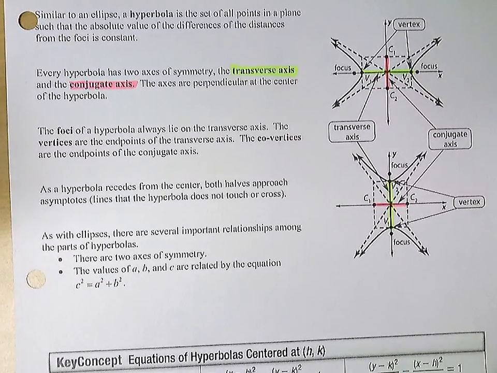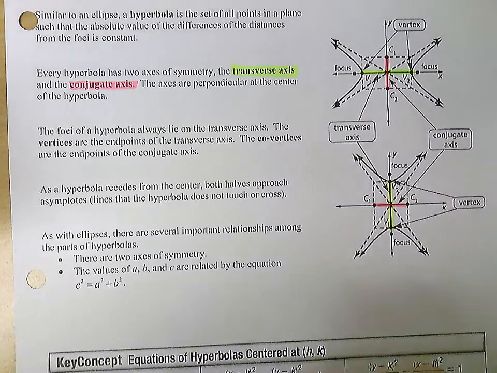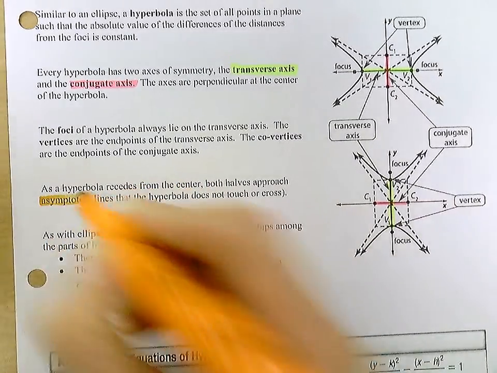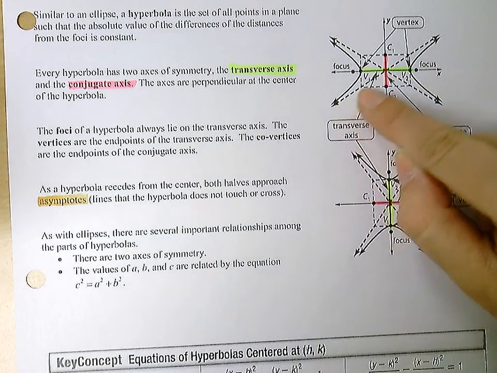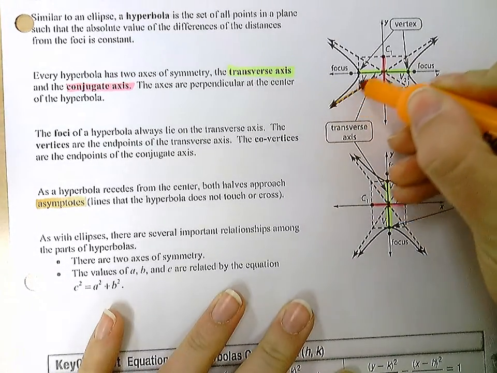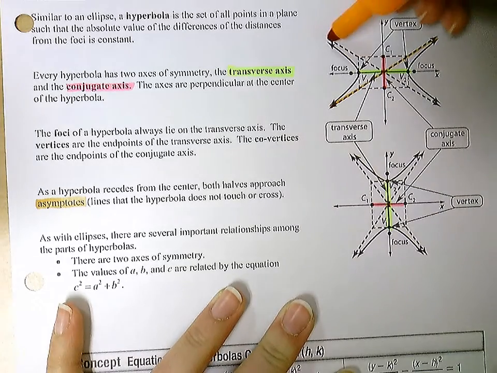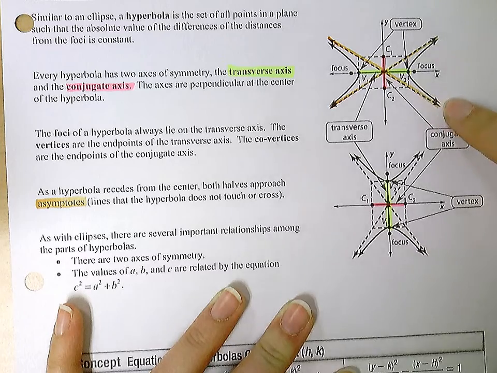As a hyperbola recedes from the center, both halves approach asymptotes. I want to highlight that. Those are lines that the hyperbola does not touch or cross, so your hyperbola can't go through those lines. Those are the dashed lines in your picture right here. Your hyperbola has to go around those.